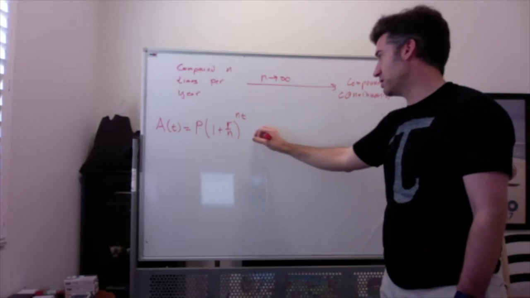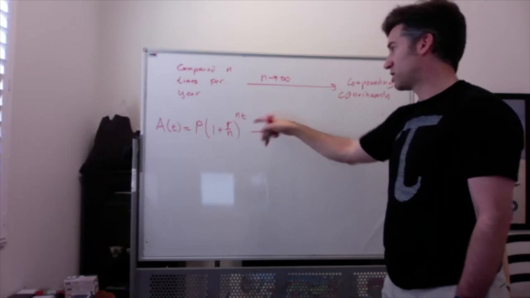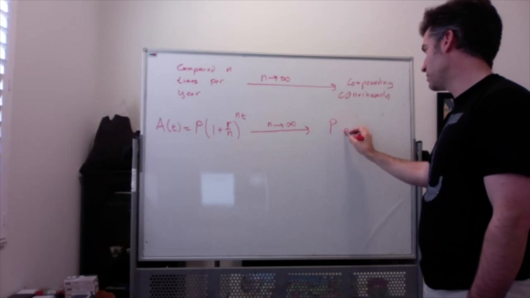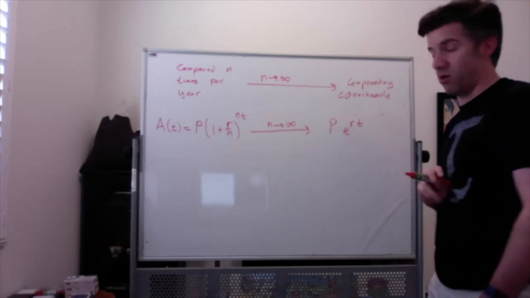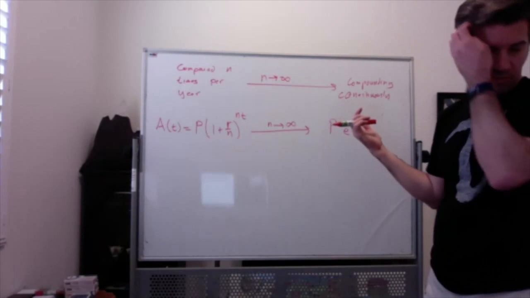And what happens is, as n goes to infinity, this expression gets rewritten as p times e to the rt power, or Pert, as a lot of people like to say. That's what I definitely say.